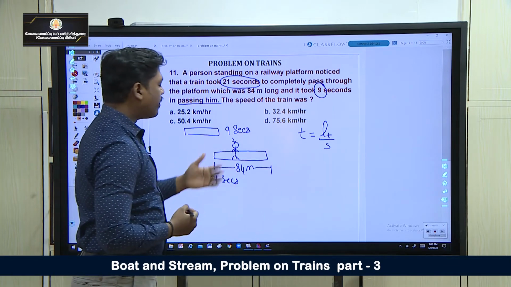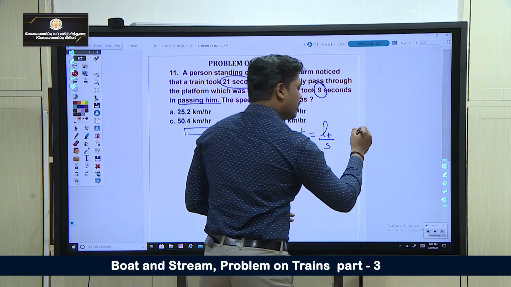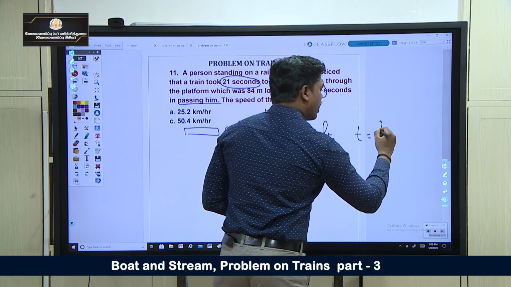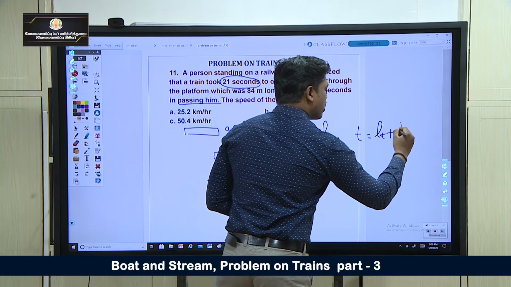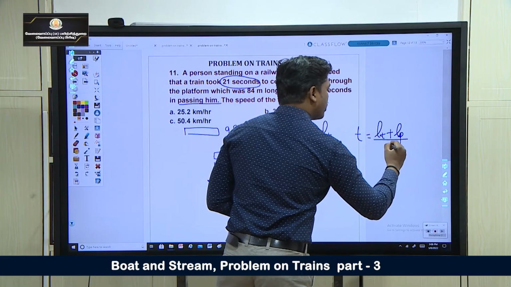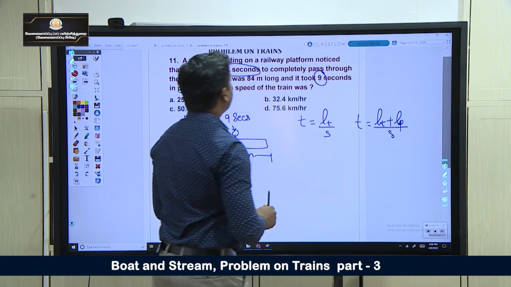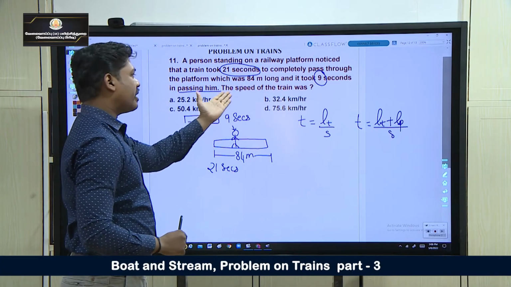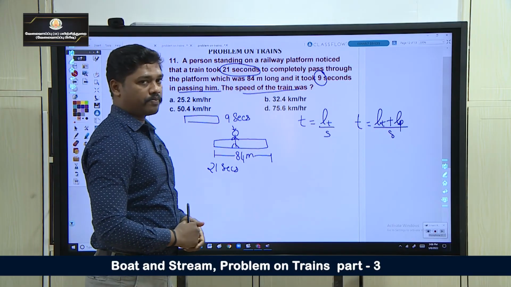For a platform, time is equal to length of train plus length of platform divided by speed of train. So what they are asking here is the speed of the train.